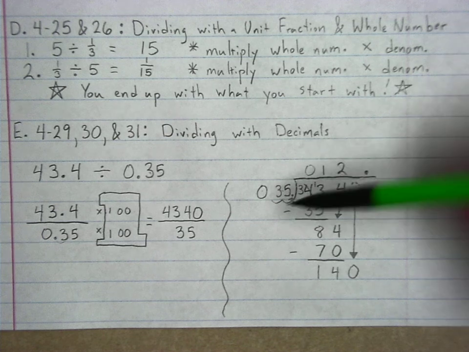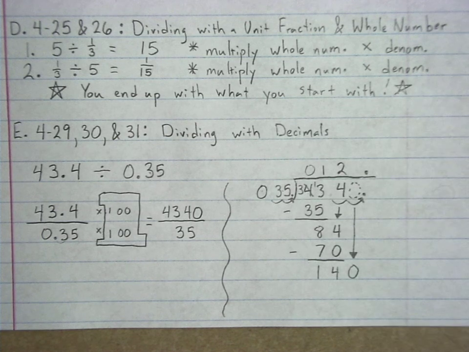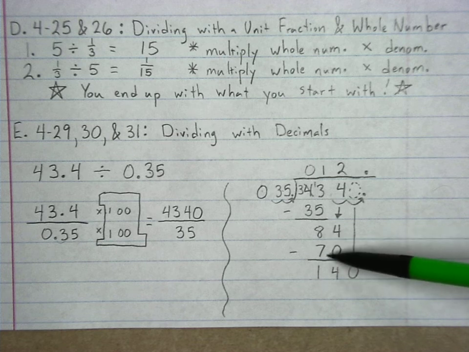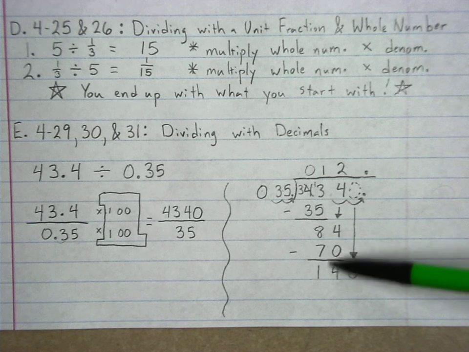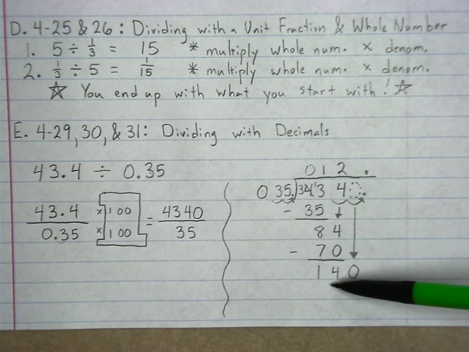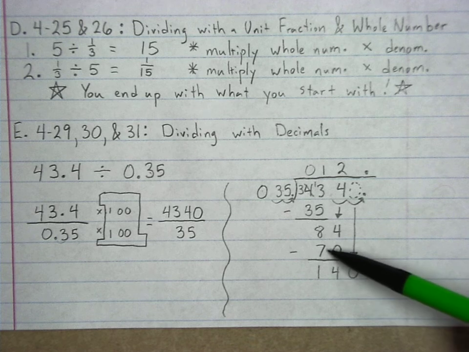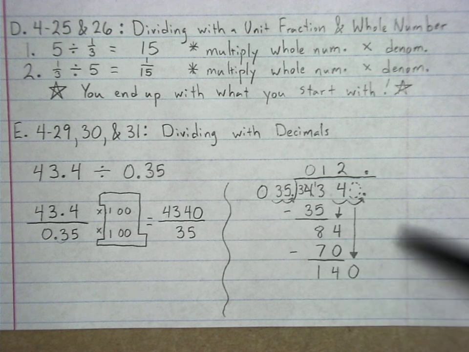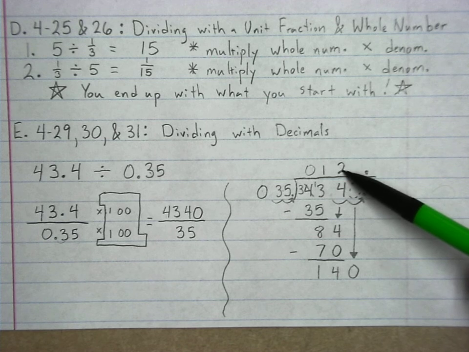And now I have to figure out how many times 35 will go into that. Now I look at the 140 and I see 70 and I'm thinking, wait, 70, 140, 7, 14. This is 2 times that, which means 35 will go in twice as much as this.